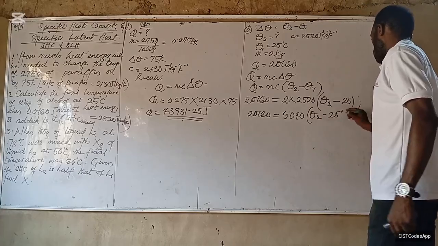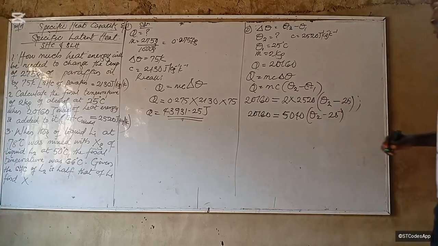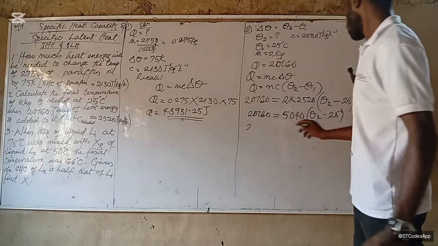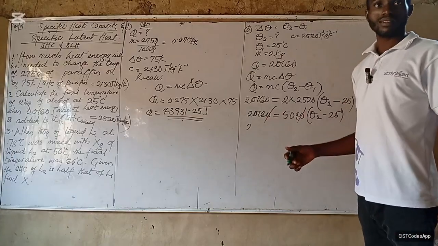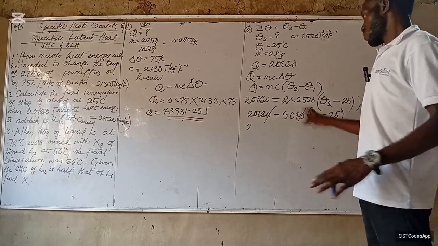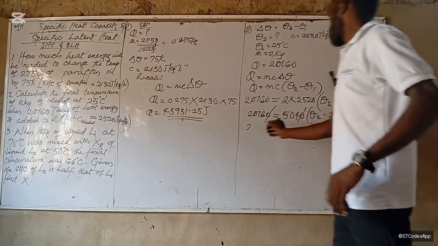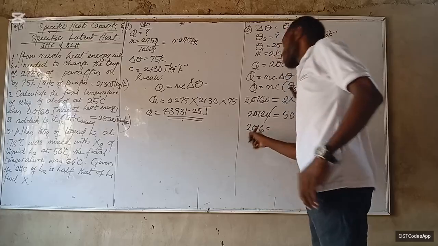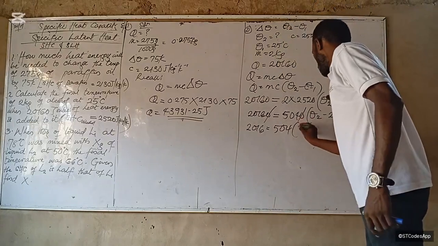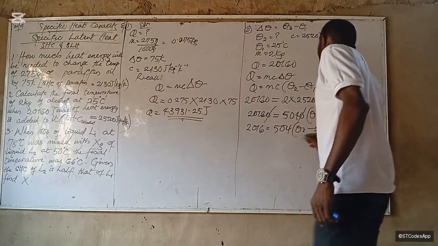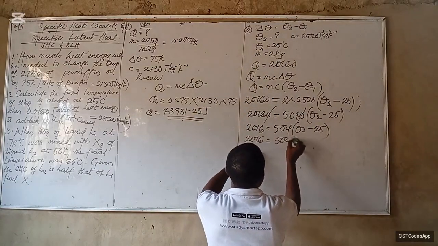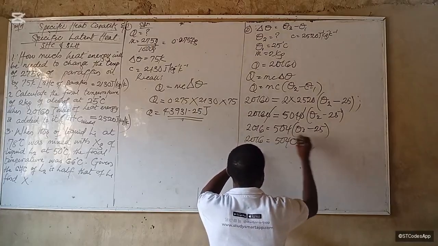Now you can begin to solve basic maths. We can cut the 0 out to make it simpler: 2016 is equal to 504 into bracket theta 2 minus 25. So here we have 2016 is equal to 504 theta 2 minus 504 times 25.